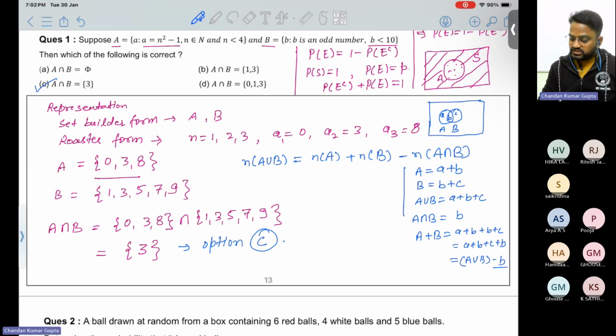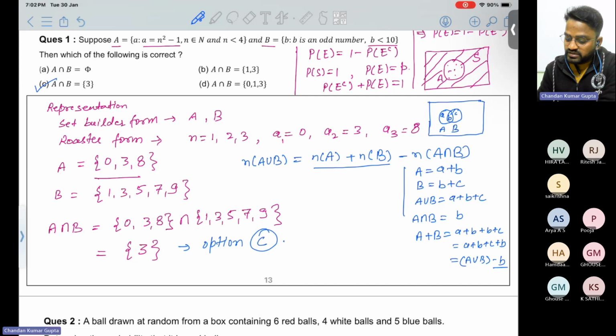So from there this comes out. Because this B element is repeated, it is counted twice, in A also and in B also. So when we add these two things, one time we subtract this as well, which is common in between.